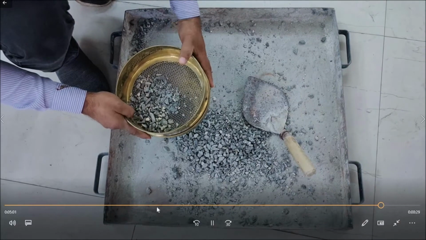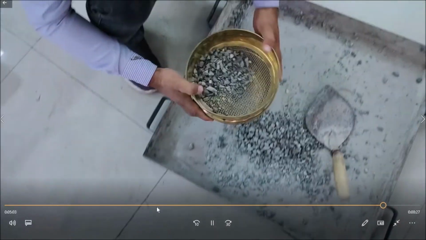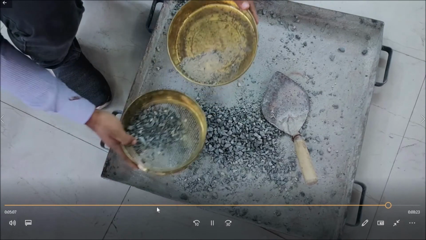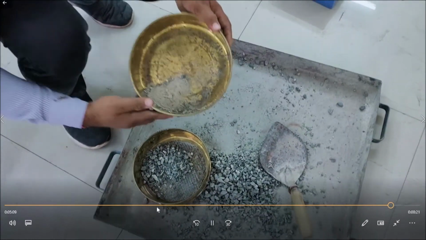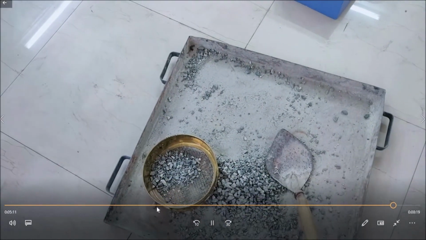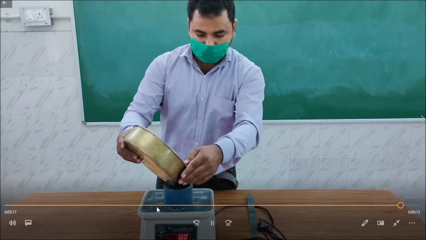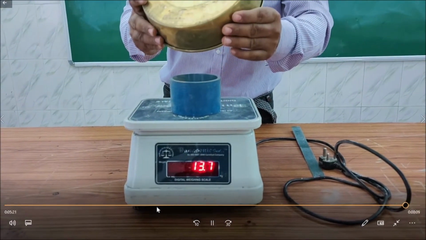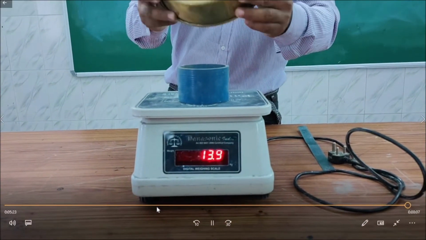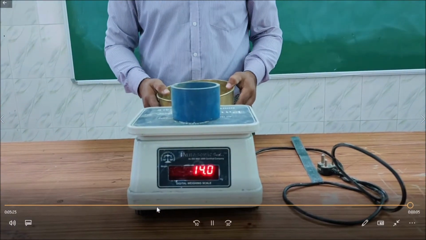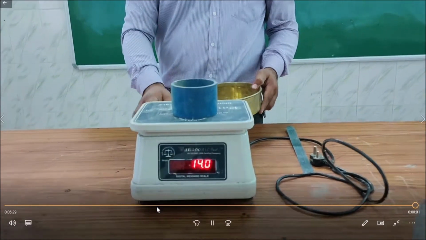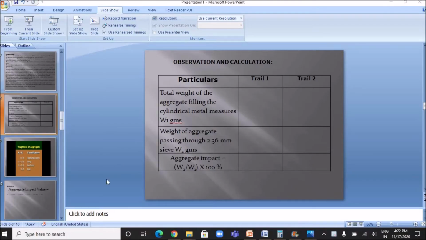Then the aggregates were sieved through 2.36 mm IS sieve. This is the passing, and this passing was weighed and noted down as W2 grams, which comes out to be 14 grams. Now we shall fill the observation table.